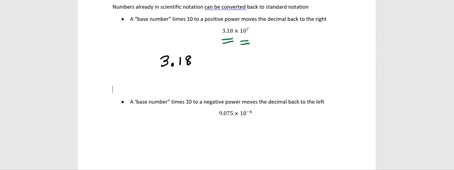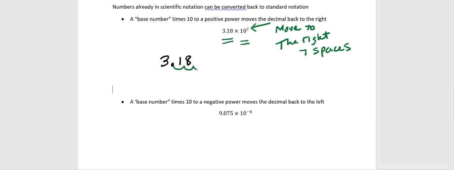But what I am going to notice is that because my 10 is raised to the 7th power, that's going to tell me that I need to move to the right. Move to the right with my decimal point, specifically 7 spaces. So I'm going to take this decimal point and move it 7 spaces because of the exponent.